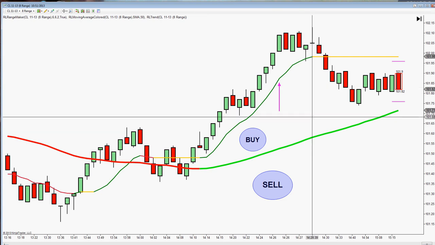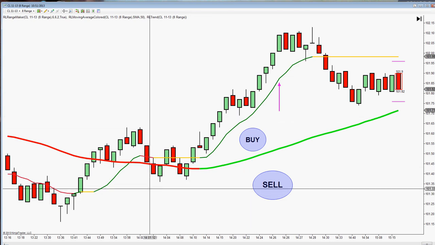The Right Line Trend is a modified 15-day moving average. It is not an exponential and it's not a simple. It's a proprietary moving average that also helps us define whether market structure dictates we're able to take a long trade, or market structure dictates that we're able to take a short trade.